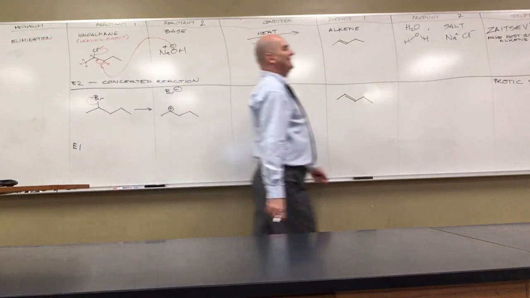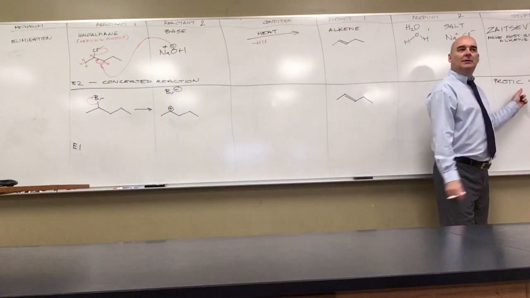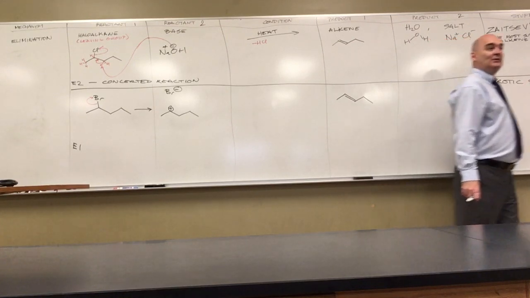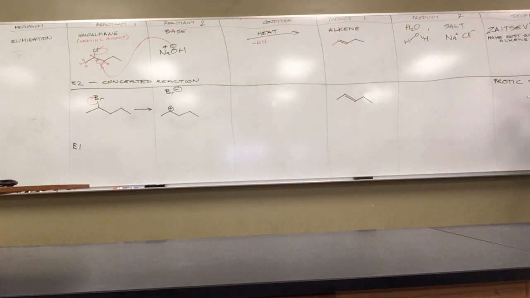Then I better have set up the situation to promote that. I'm going to need a protic solvent. Examples of protic solvents are, this is where you talk. Alcohol? Yeah, alcohols will do.